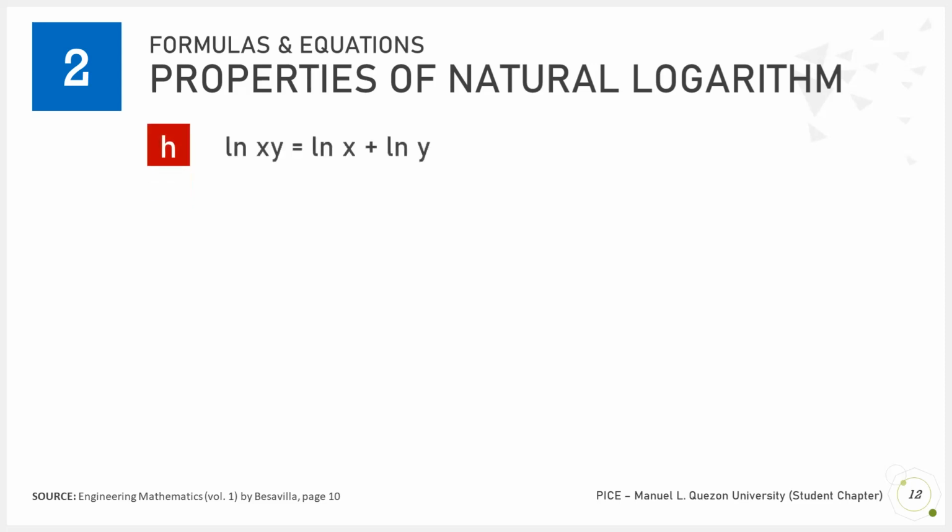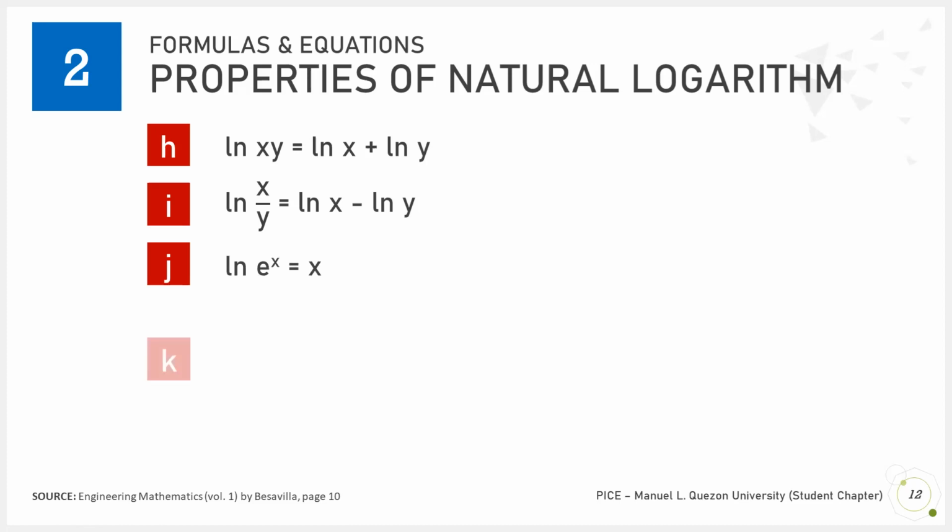First, we have the natural logarithm of xy is equal to the natural logarithm of x plus the natural logarithm of y. For letter I, we have the natural logarithm of x over y is equal to the natural logarithm of x minus the natural logarithm of y. For letter J, we have the natural logarithm of e raised to x is equal to x.